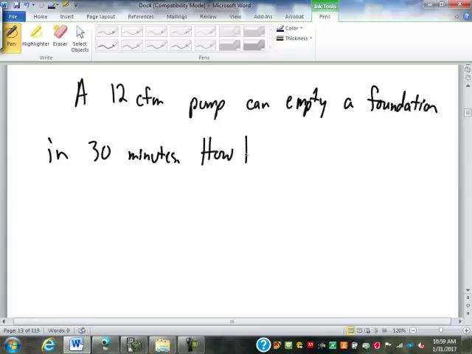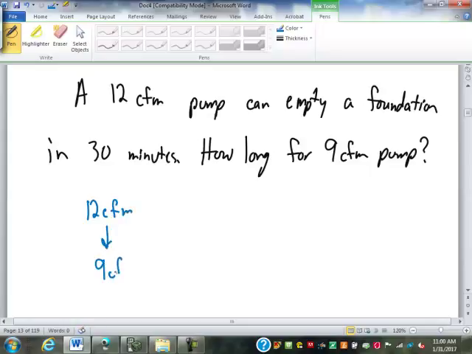How long would it take for a 9 CFM pump? Anybody know what CFM means? Cubic feet per minute. So we went from 12 CFM down to 9 CFM. Is the time going to go up or down? The time's going to increase. Smaller pump, lower CFM, higher time, more time.